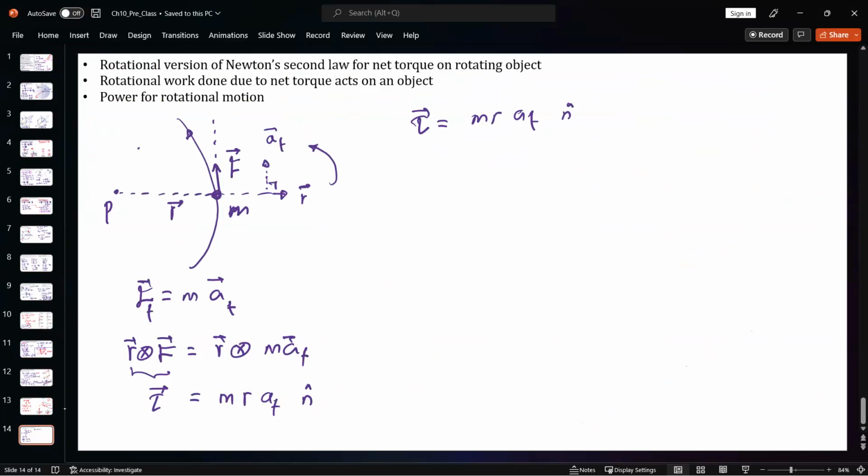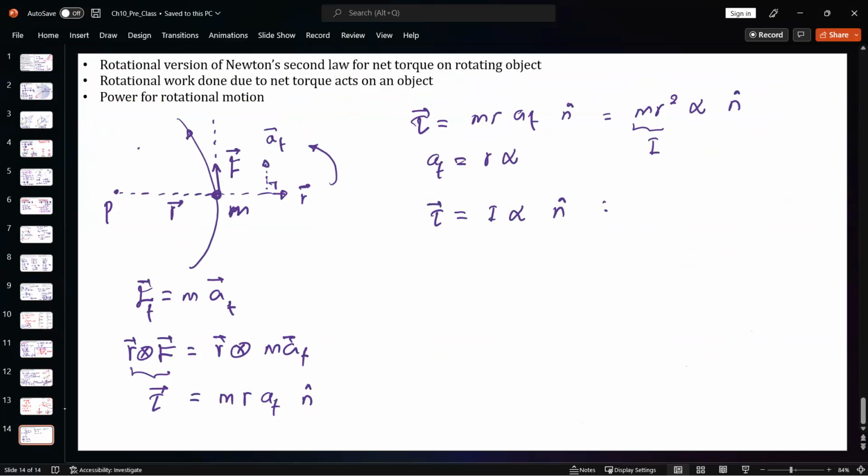So we can easily say tangential acceleration is equal to r times angular acceleration, which means if I combine these two together, this becomes m r square times alpha unit vector n. This m r square, if you remember earlier, we defined for a point particle, that is the moment of inertia. Torque acting on this particle is equal to I times alpha unit vector n.